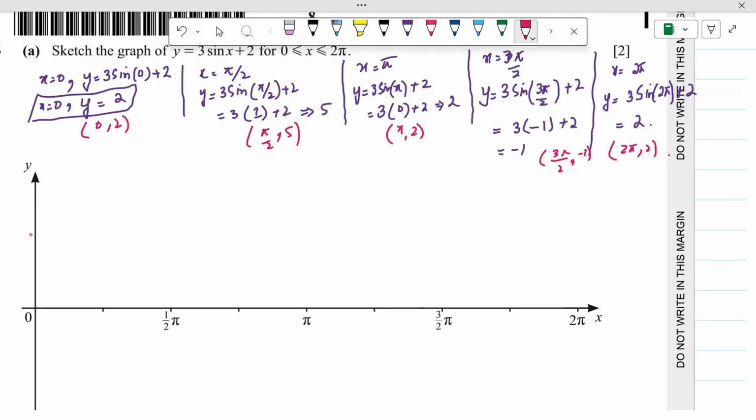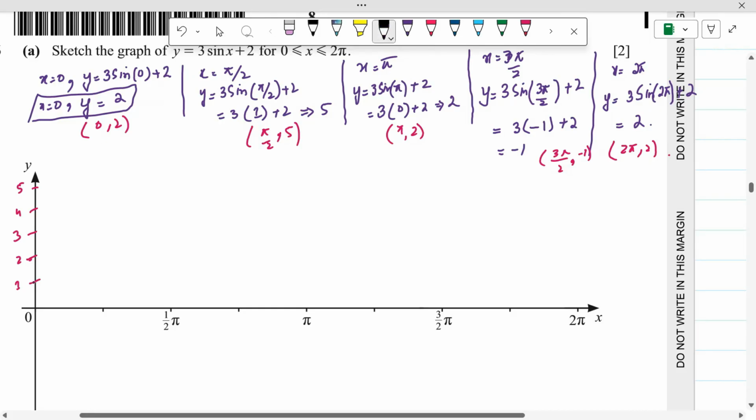When x is equal to 0, we will have 2. For example, this one is 1, this one is 2, this one is 3, this one is 4, and this one is 5, and the point 0 comma 2 is here, and pi by 2 comma 5 means this one. Pi comma 2 is this one, and 3 pi over 2 comma negative 1 means at 3 pi by 2, this one is negative 1, so this point.